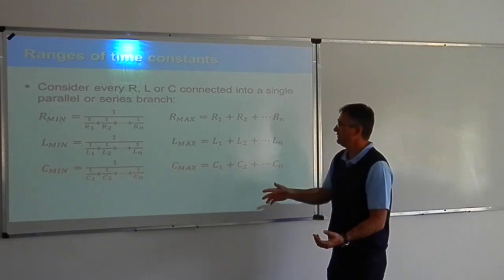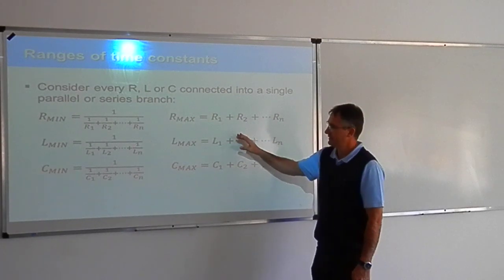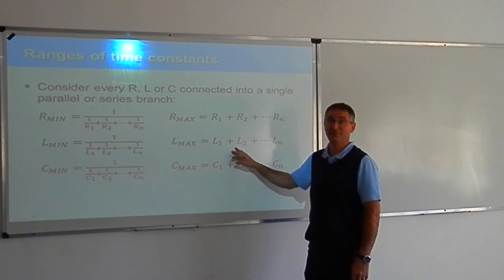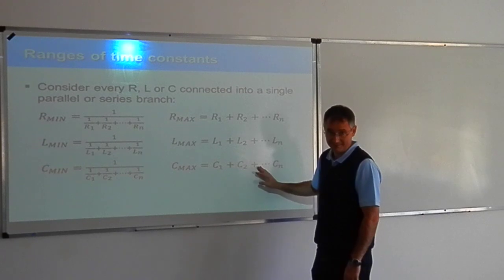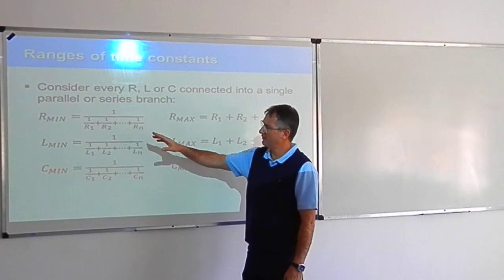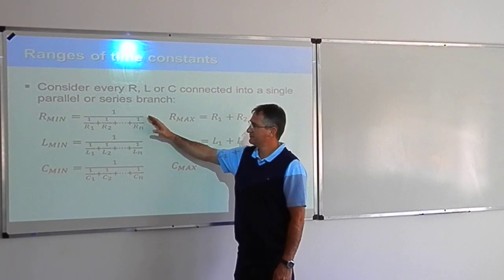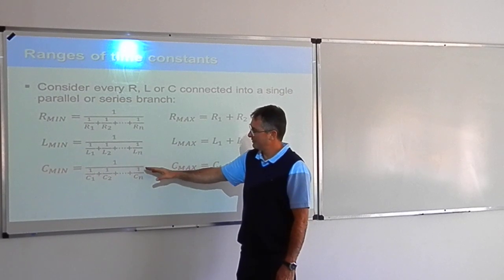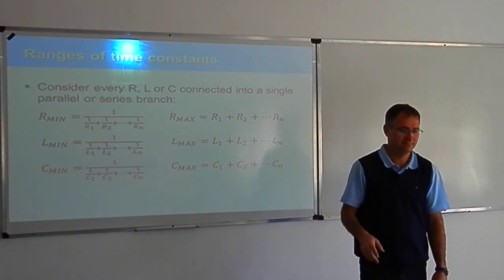If they are all in series, then you have maximum values for resistances and inductances. For capacitors, you have a maximum value when they are associated in parallel. Then you add capacitors. Whereas if we have all elements connected in parallel, you have minimum values for resistors and inductors. But when capacitors are in series, then you have the minimum capacitance.